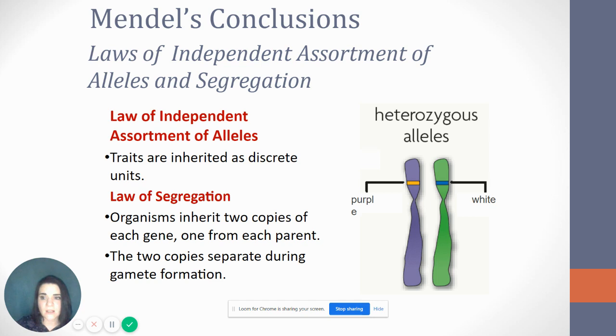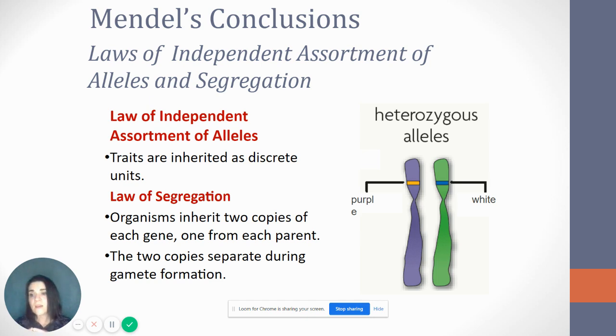So one trait equals one location on a chromosome, and it's always the same location. Between the different plants, they will have the gene for, say, flower color in the exact same location on their paired chromosomes. The law of independent assortment says that these traits are going to be sorted independently of one another.